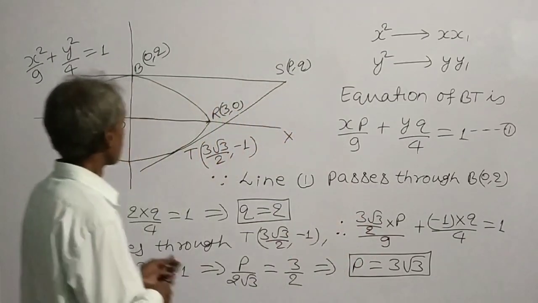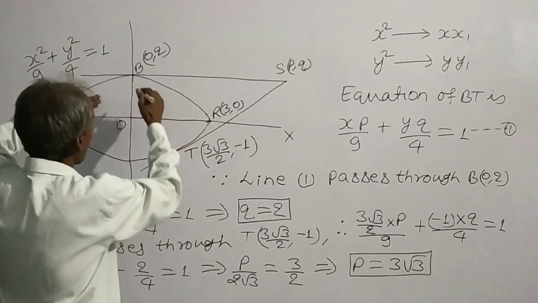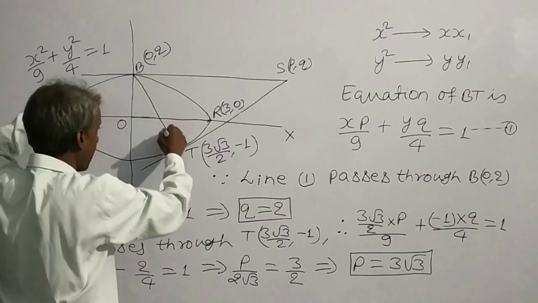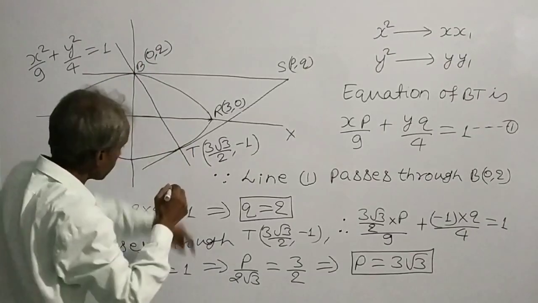Now we want to write the equation of the line passing through point B and point T. This line BT.